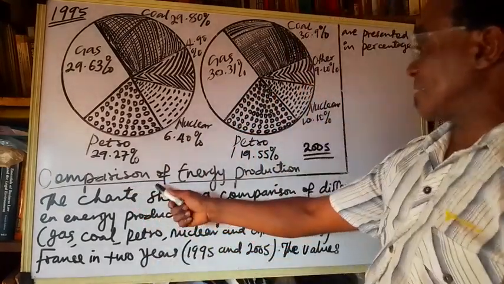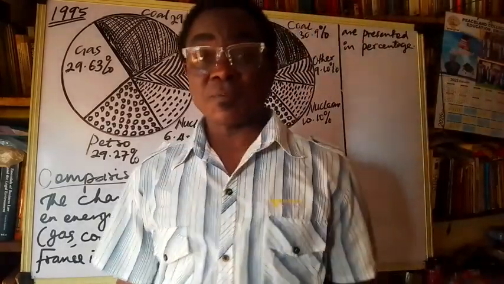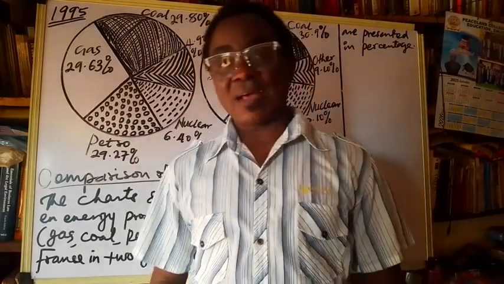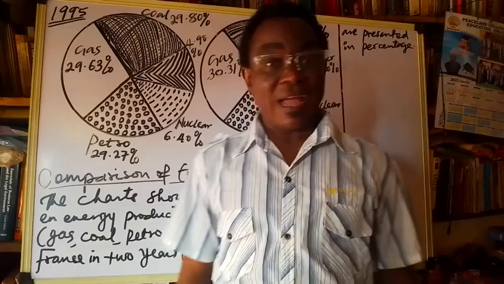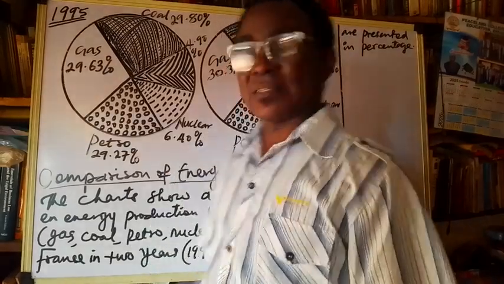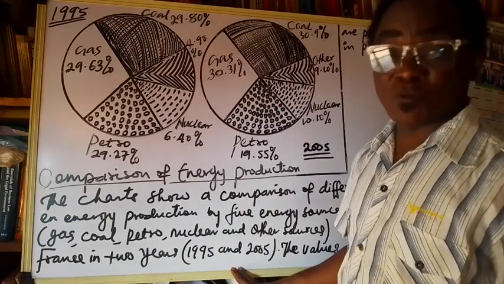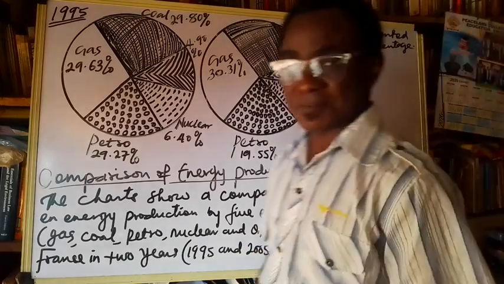For example, the caption here says comparison of energy production without saying whether the values are presented in pounds, in dollars, in grams, in ounces, or in percentage. And when this is the case, you, the writer, have to mention the units on the basis of which the values are measured as a part of your introduction.